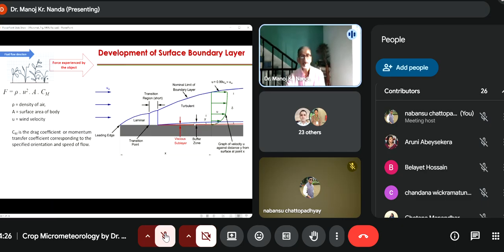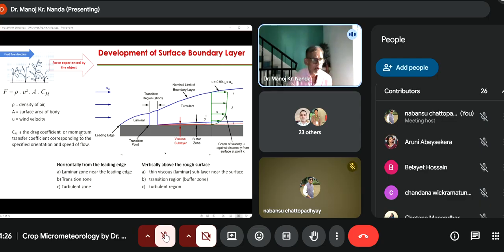And there is a buffer zone in this. I'll discuss it. Now, this viscous layer is the laminar layer, and the buffer zone is between the viscous layer and the surface layer.